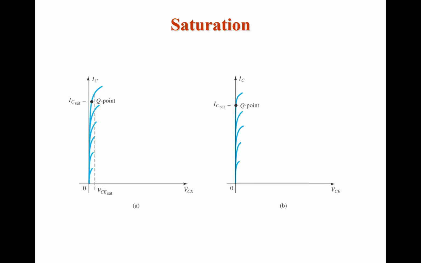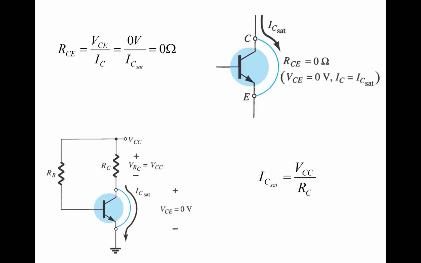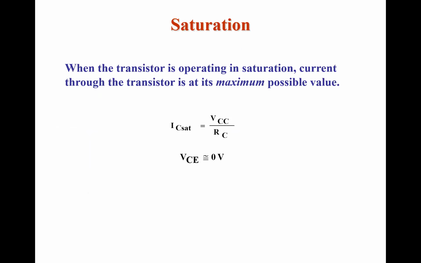So this is a small figure that represents the saturation point, and how the saturation point is identified. These are the simple calculations we already observed in the earlier case by applying KVL for the input side and also the output side.